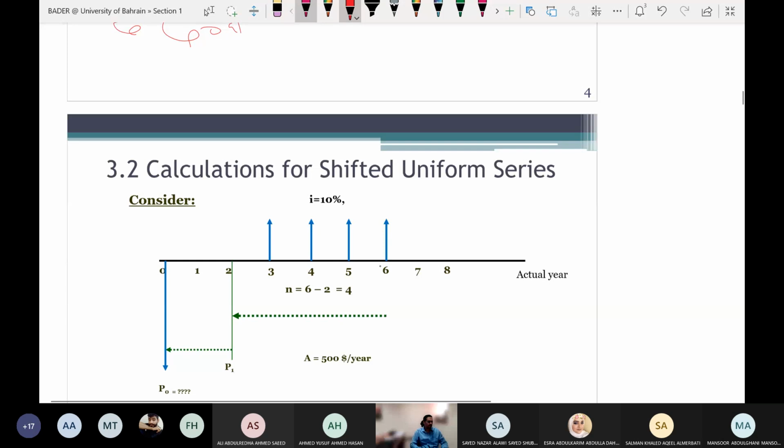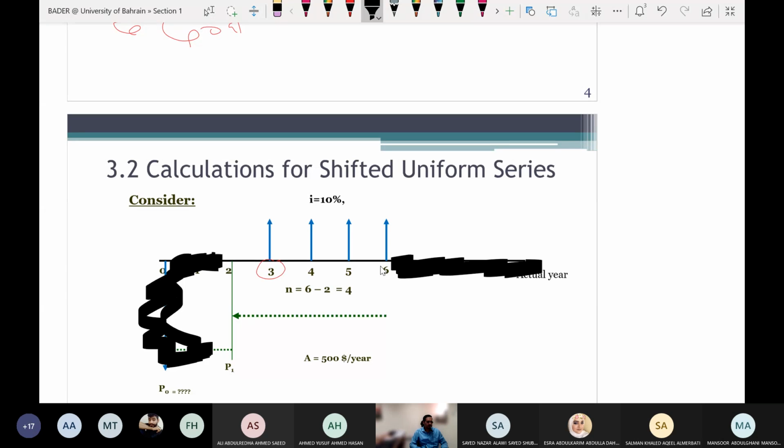We said before, this is year 3. According to our understanding, this is what we have been studying.